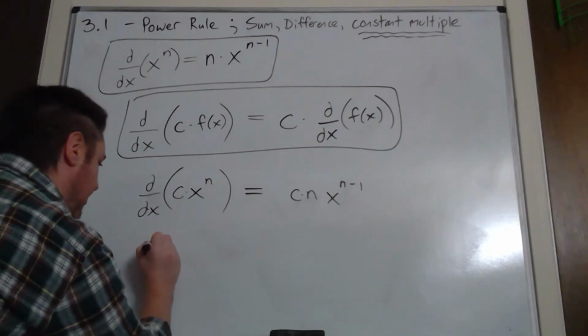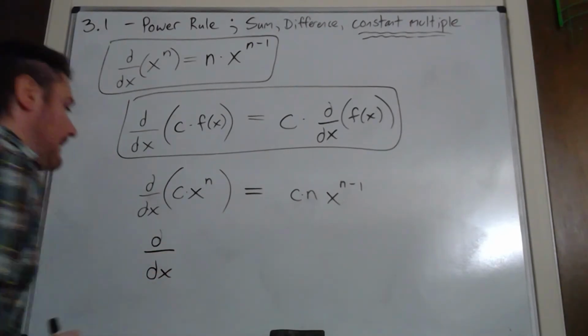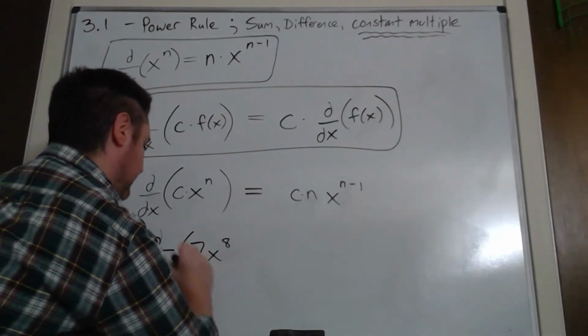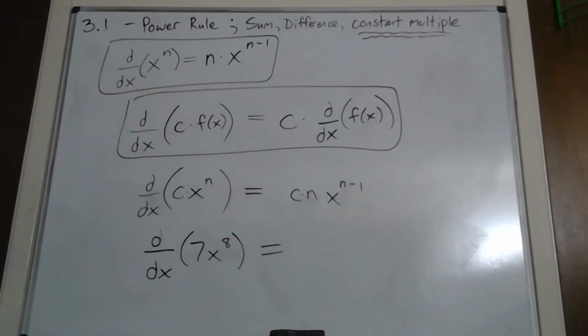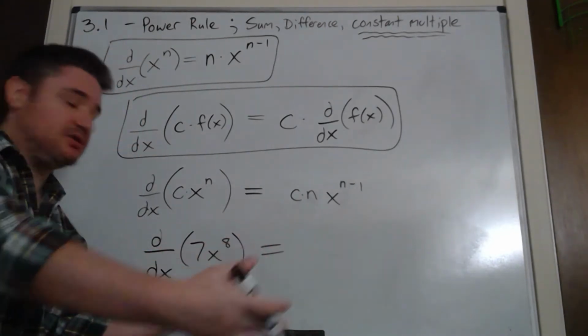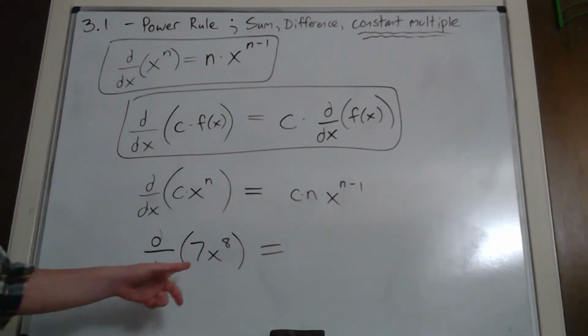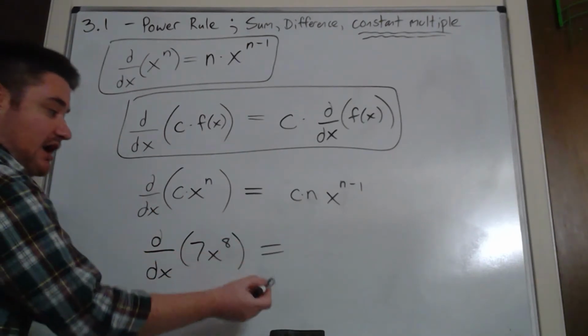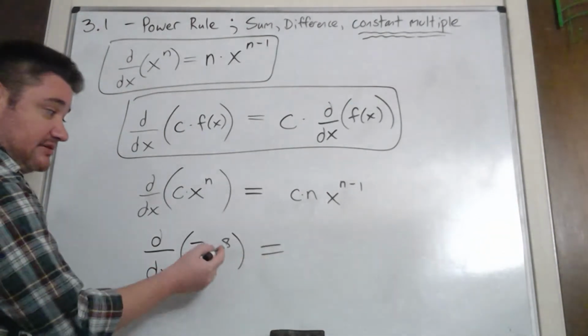Okay, so let me run one like that. An example. So let's say I've got 7x to the 8th, and I want to take the derivative of that. I'm not going to write 7 times the derivative unless the web assignment is making me show step by step. But let's just do the process. My end result would be 7 times, and then I would bring this 8 down, so times 8x raised to the 7, because I would decrease that.